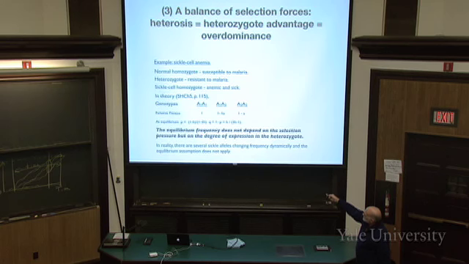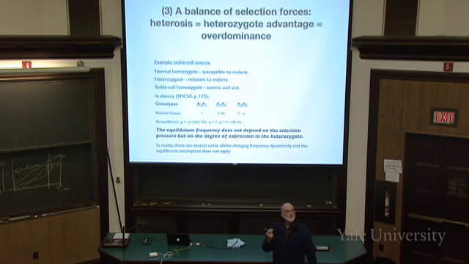So the fitness of the heterozygote is going to be higher than the fitness of either homozygote. And you can then set the equilibrium frequency to be the one where p prime is equal to p. In other words, the frequency in the next generation is just the same as the frequency in this generation. At what frequency does that happen? Well, it happens when these little equations are satisfied.